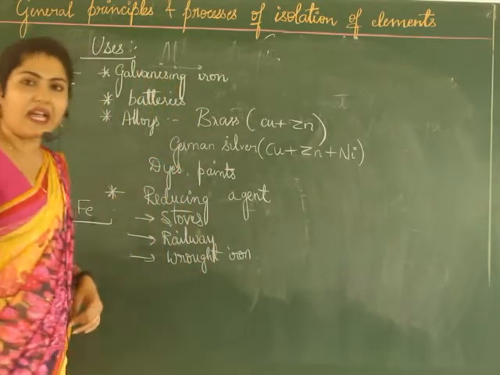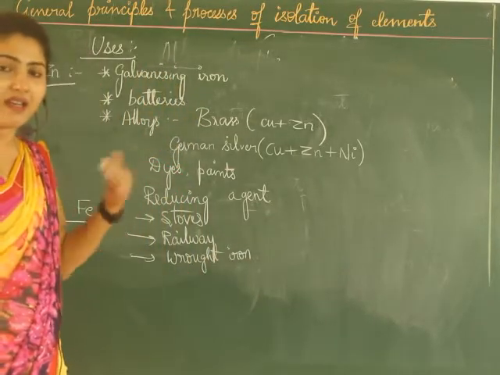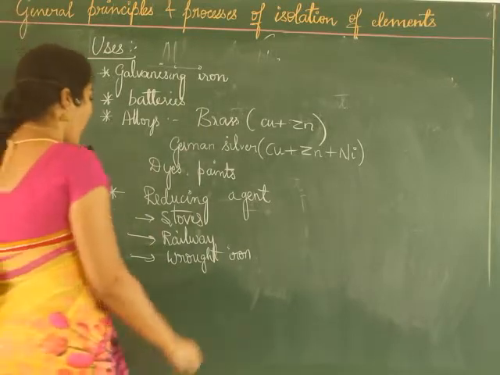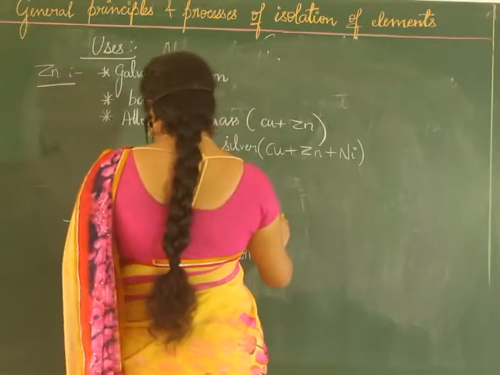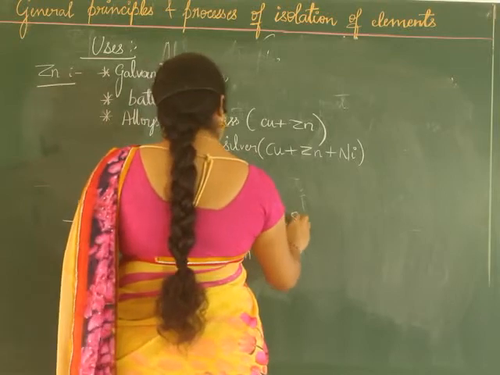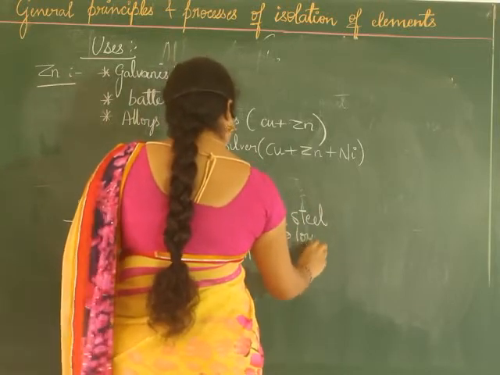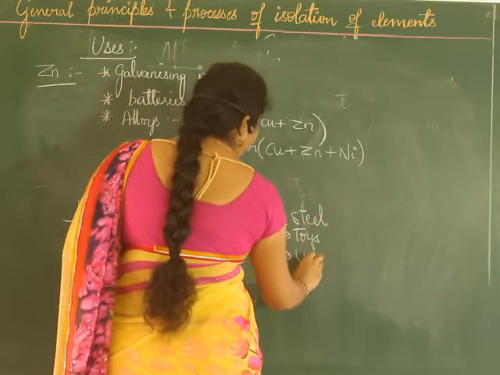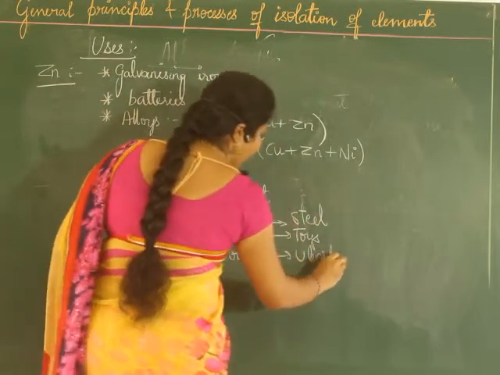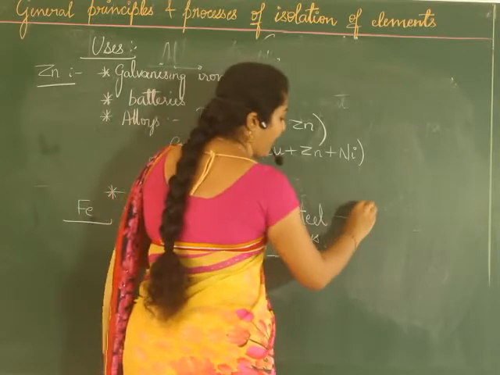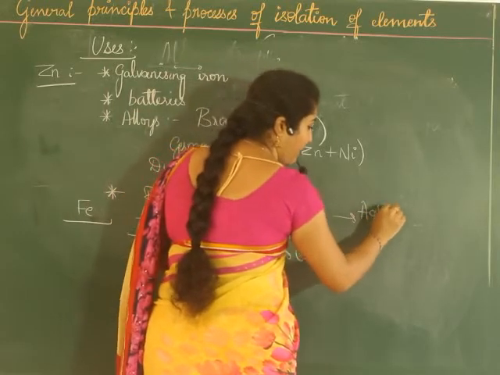First you get pig iron, which is converted into cast iron, and then it is converted into wrought iron. And again, the other uses are in the manufacturing of steel, toys, utensils, that is vessels, or agricultural implements.